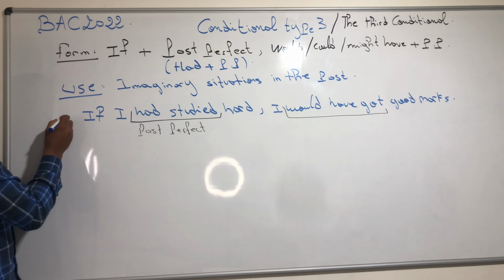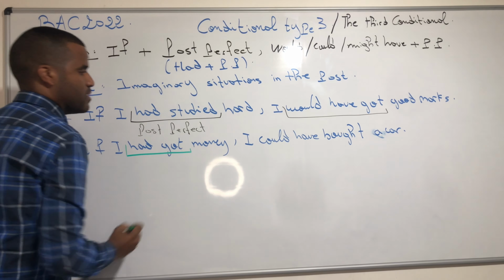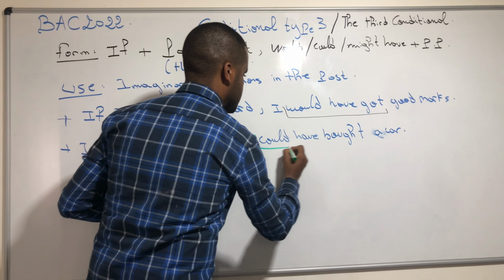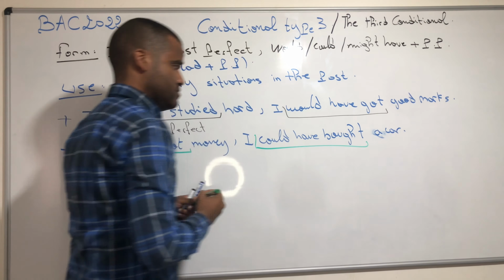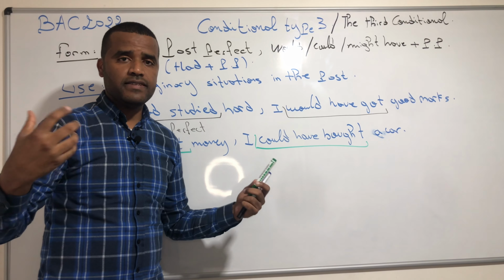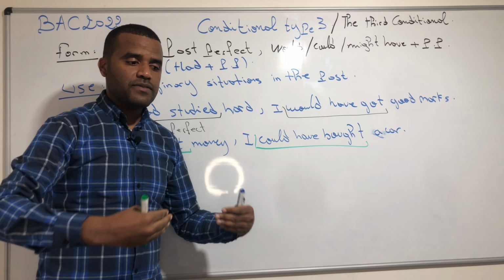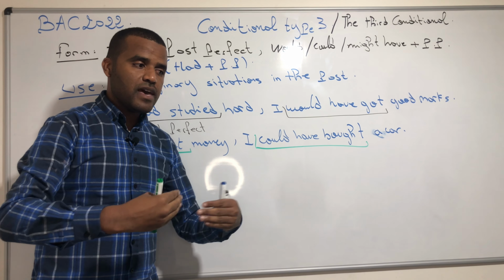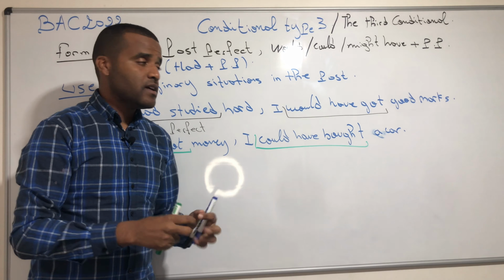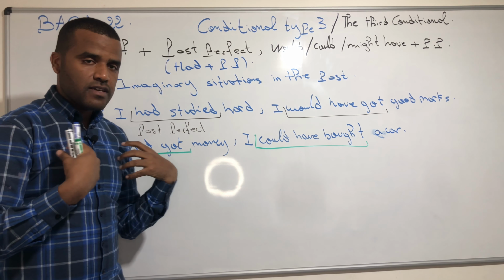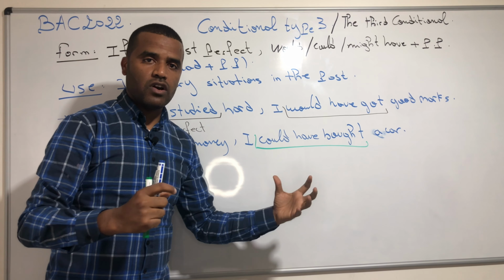We have if I had got money, and we have I could have bought a car. But in reality I didn't have money, maybe last year or last month, therefore I didn't buy a car. And right now, in the present, I'm imagining the situation. So if I had got money, I could have bought a car.